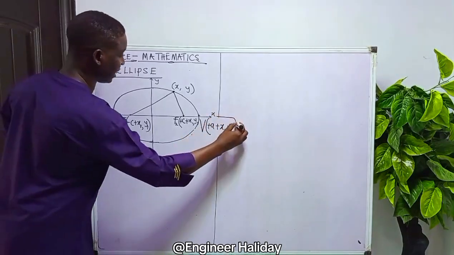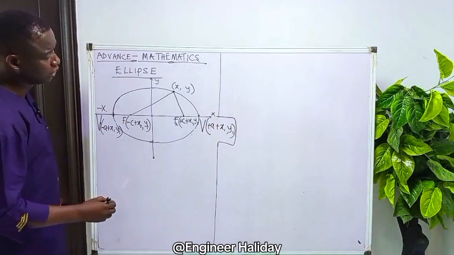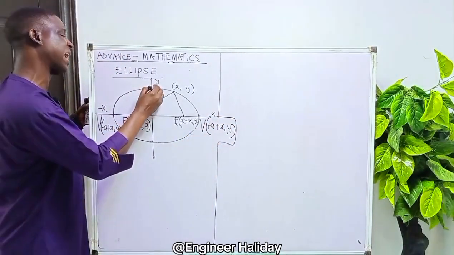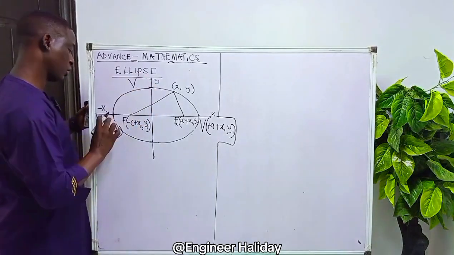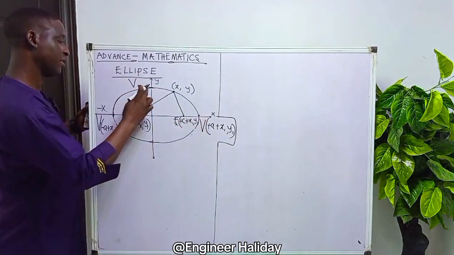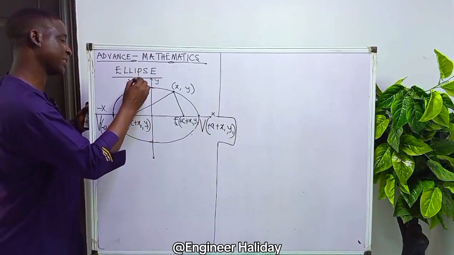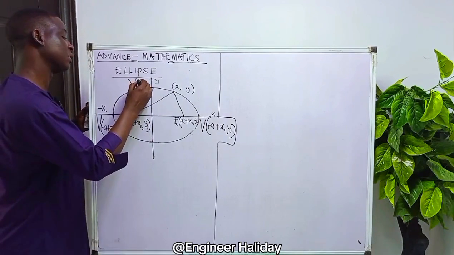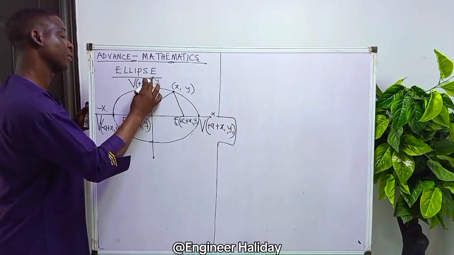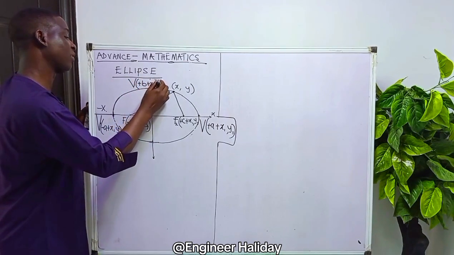Now there is another minor vertex here, because these ones are major vertices. This one here, they are minor vertices. We can call this one plus b, x1, y1.